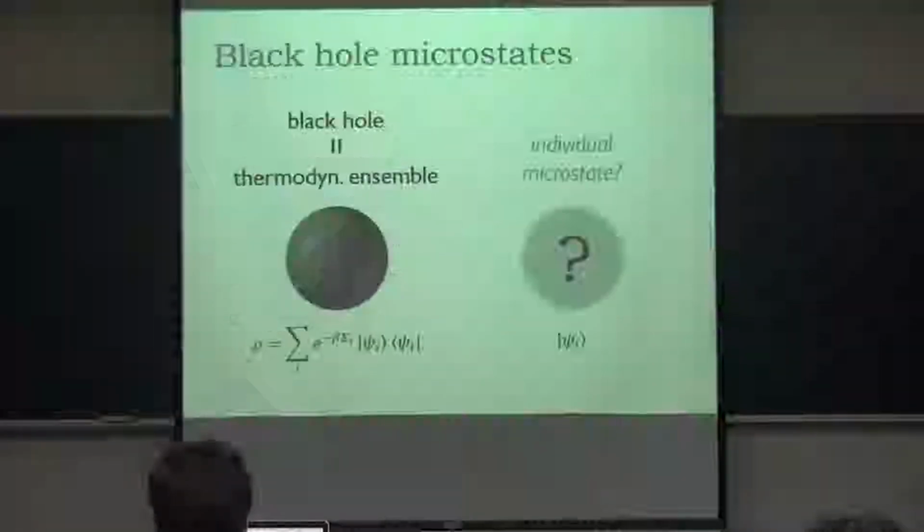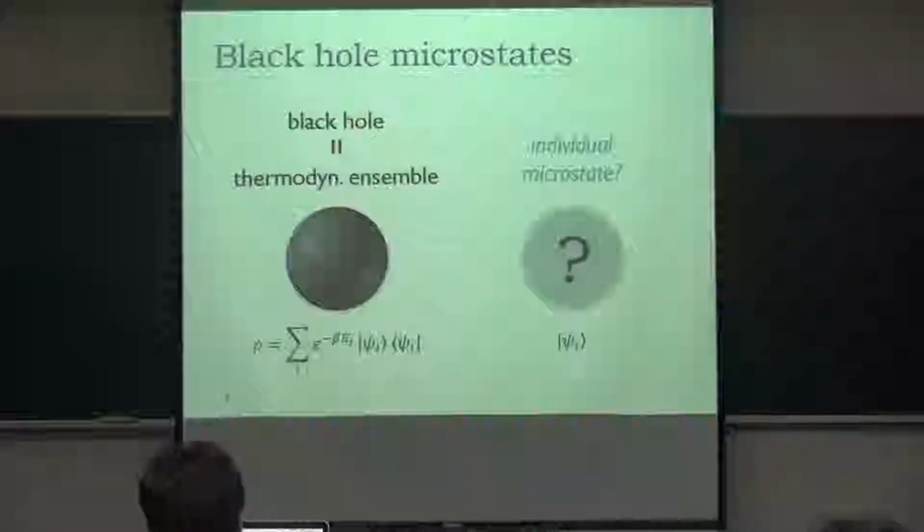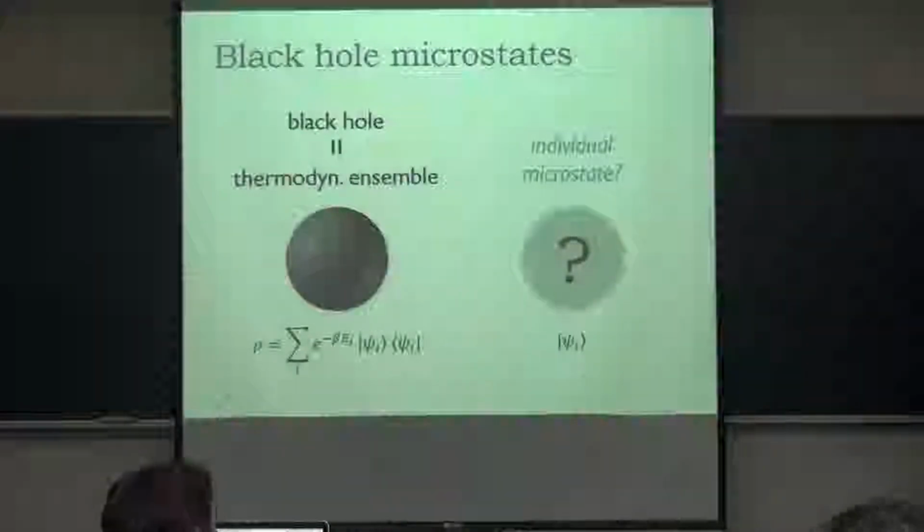So what do we mean by a black hole microstate? A black hole is a black thing like this, and we think that this is representing a thermodynamical ensemble. So there are many underlying microstates.